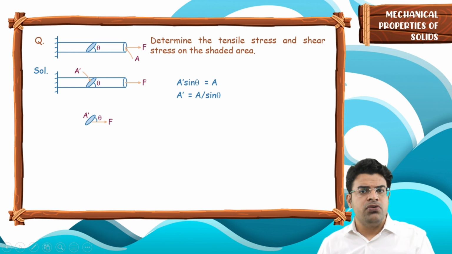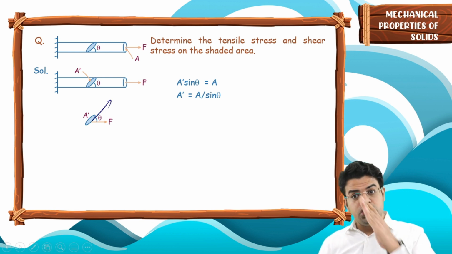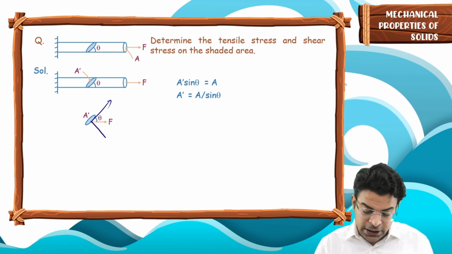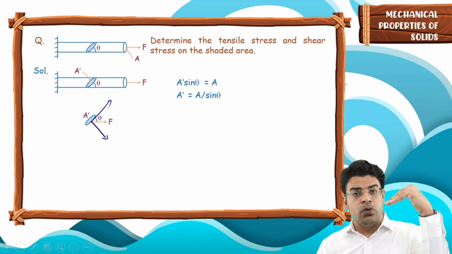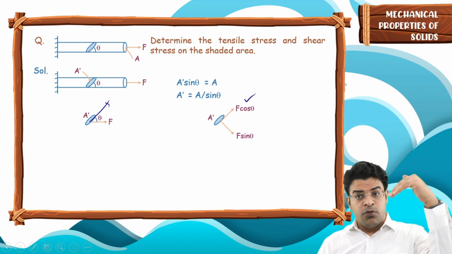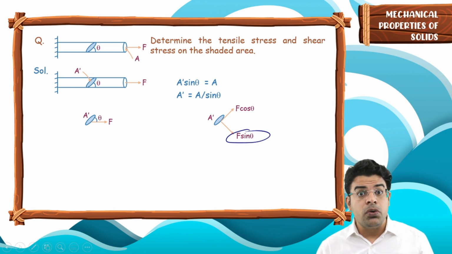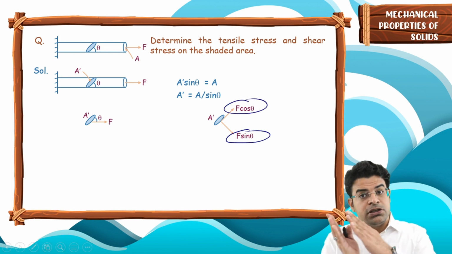One can break down this force into components along the area that will create the shear effect and perpendicular to the area that will create the longitudinal effect. So once we break down this force, we get the force along the surface to be F cos theta and the force perpendicular to this area to be F sin theta. Now F sin theta produces the longitudinal effect while F cos theta produces the shear effect.